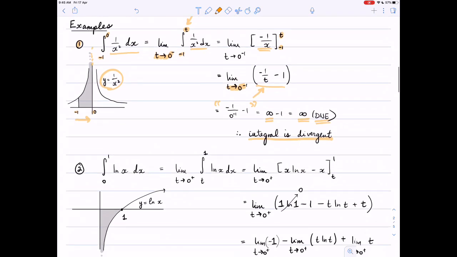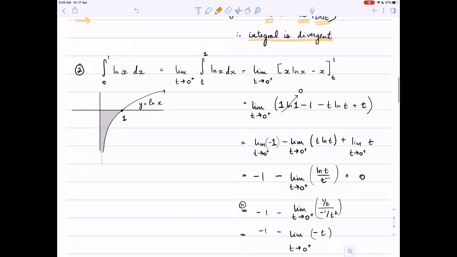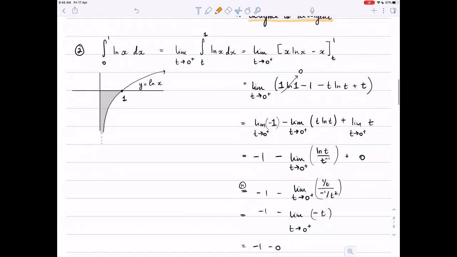Let's look at the second example. We now have the integral from 0 to 1 of ln x dx.